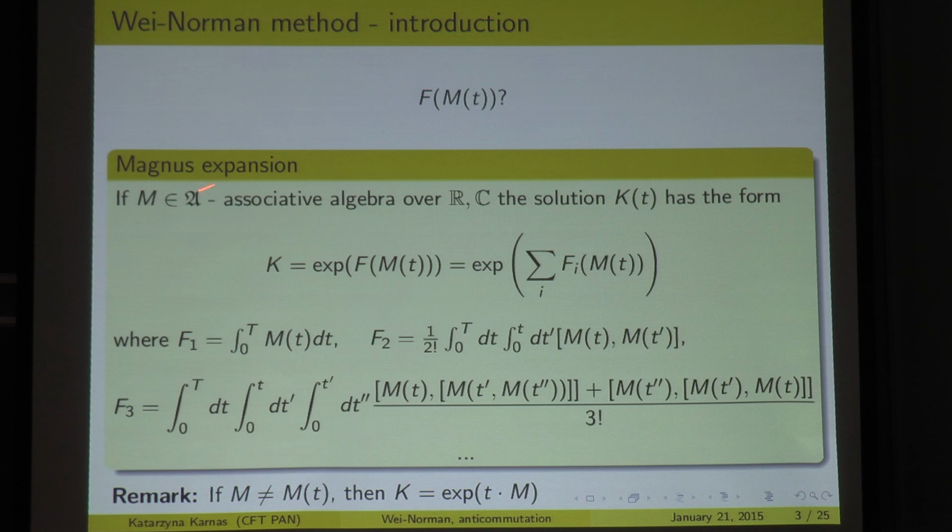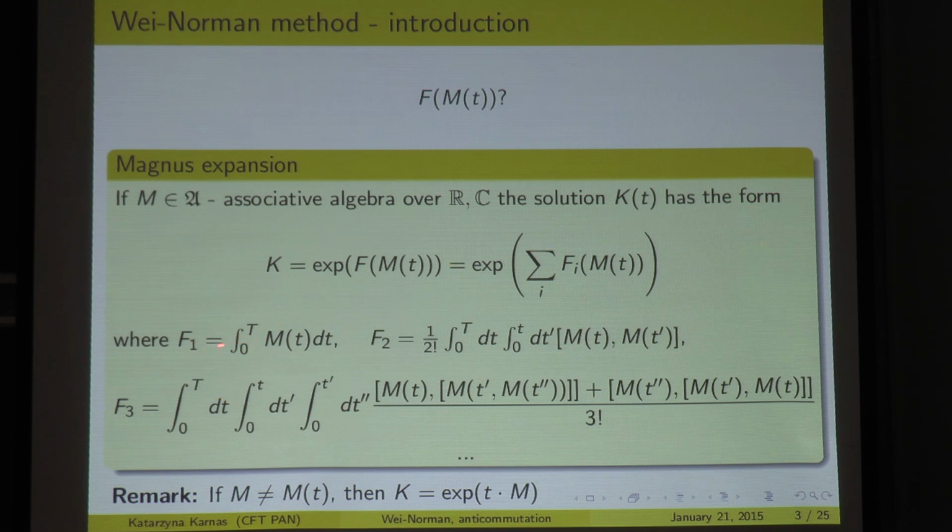Magnus proved that if M was an element of the associative algebra over, for example, real or complex numbers, precisely over the field of characteristic 0, the solution K is the exponential function of a so-called Magnus series, where I decided to give on the slide the first 8 terms.